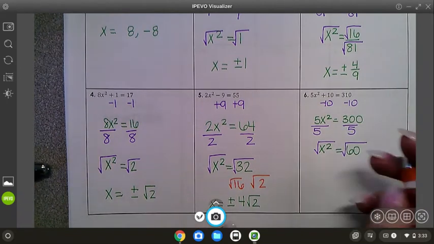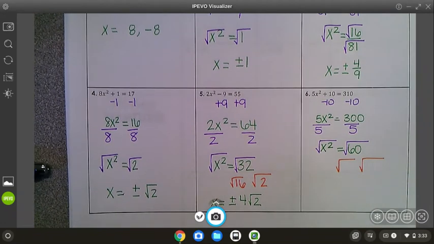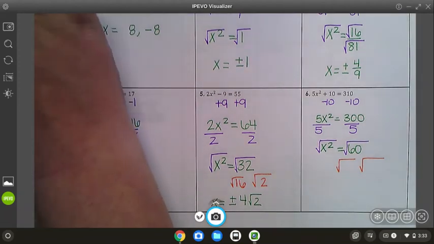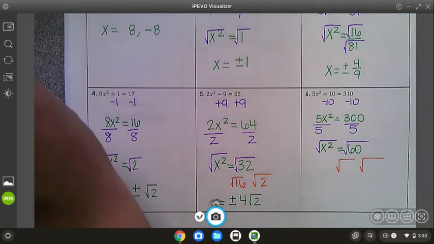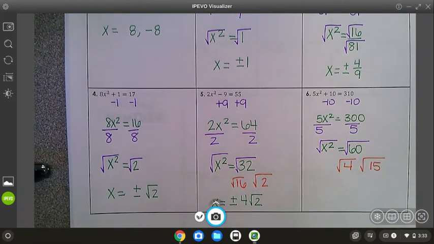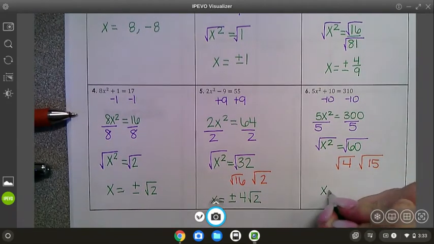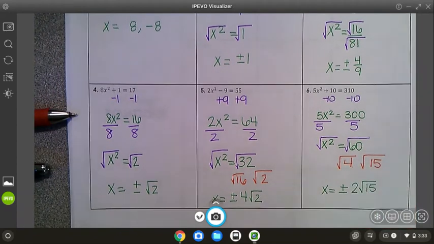But 60 is not a perfect square, so we have to split it up. What is the largest perfect square that will go into 60? Actually going to be 4. 4 times 15. And we get x equals plus or minus 2 radical 15 because the square root of 4 is 2.